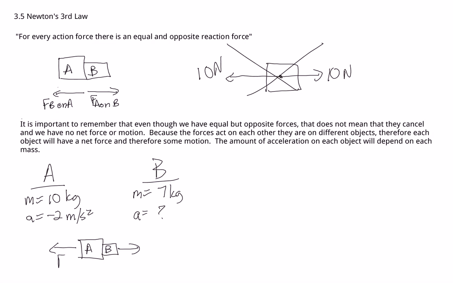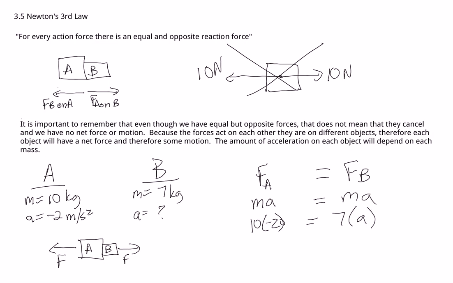The forces will be the same, so this force will equal this force, but the accelerations will be different because they have different masses. So all you have to do is calculate the force on A, calculate the force on B, and solve them. So mass times acceleration of A will also equal mass times acceleration of B. So 10 times -2 will equal 7 times whatever its acceleration would be.